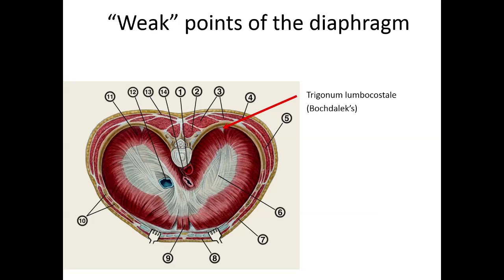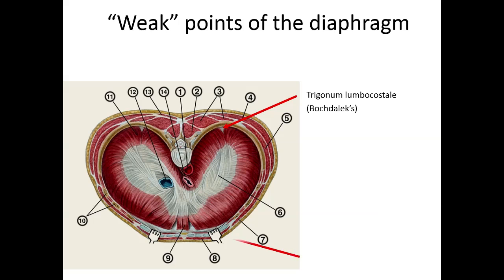It's named trigonum lumbocostale. According to the author who revealed this structure, it is named Bohdalek's trigonum, the trigonum of Bohdalek.